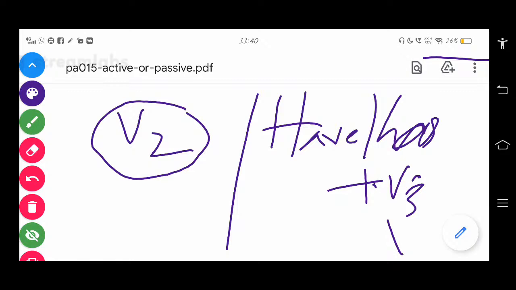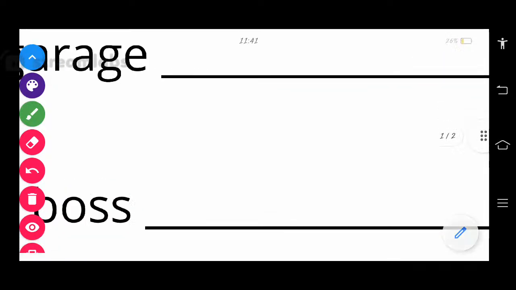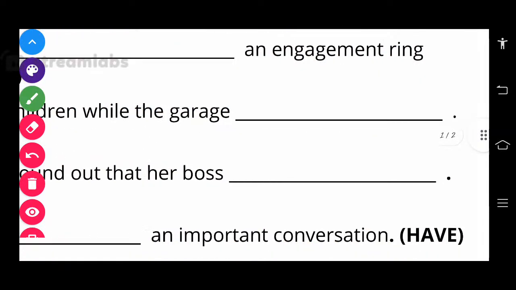But if the action is completed and there is no time mentioned, in that case we use either have or has plus V3. And if an action is completed many times, a repeated completed action, it has to be expressed using have or has plus V3. So this differentiation you people have to understand. So what is the correct answer for this?